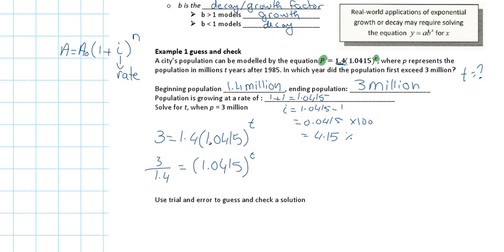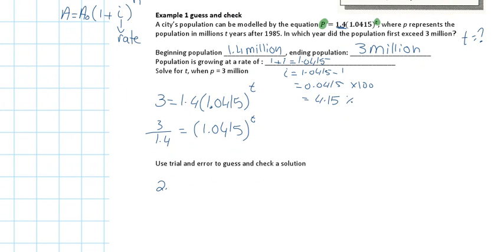And that gives me 2.14286. Leave as many decimal places as you can.